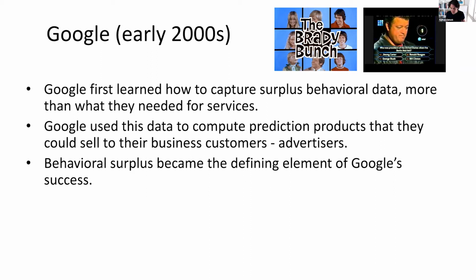Other uses included data extraction and analysis, new contractual forms due to better monitoring, and personalization and customization, and continuous experiments. Data extraction and analysis, Varian writes, is what everyone is talking about when they talk about big data.